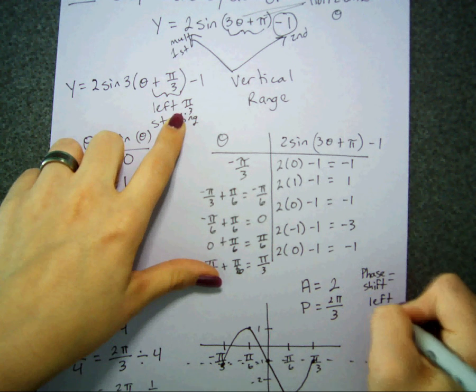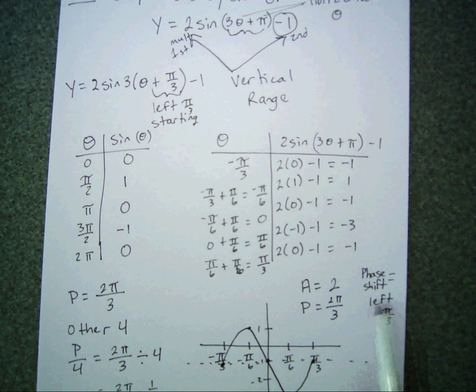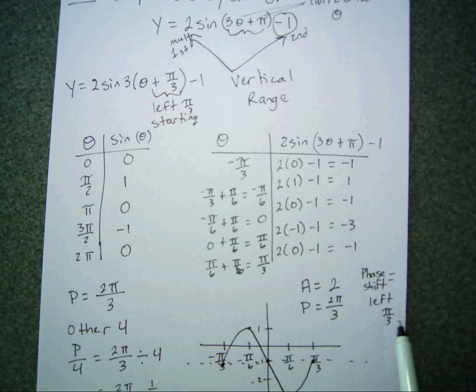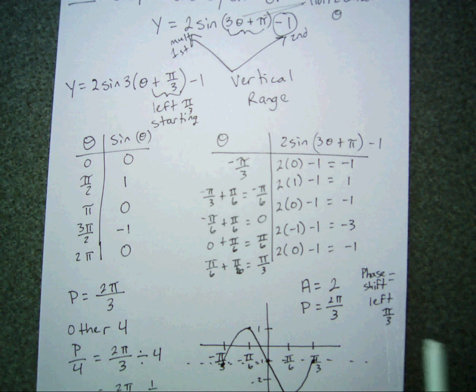So when you describe your phase shift, you need to have direction and a value, right? So I'm going left pi over 3. It's not going to be sufficient to say negative pi over 3 or positive pi over 3 or just simply pi over 3. It needs to have direction and a value. So my phase shift is left pi over 3.